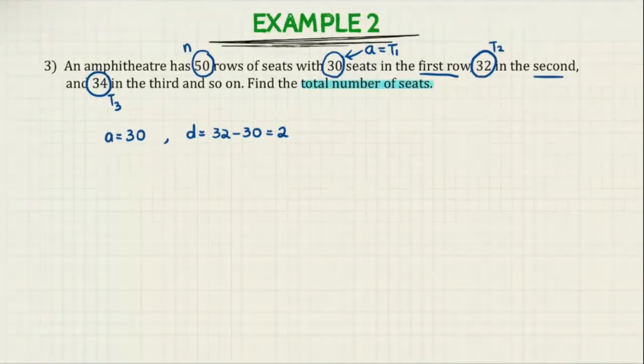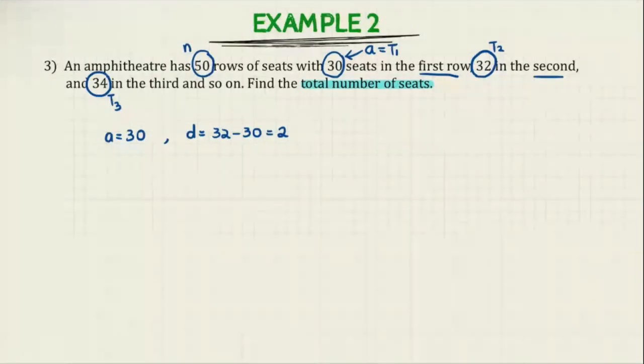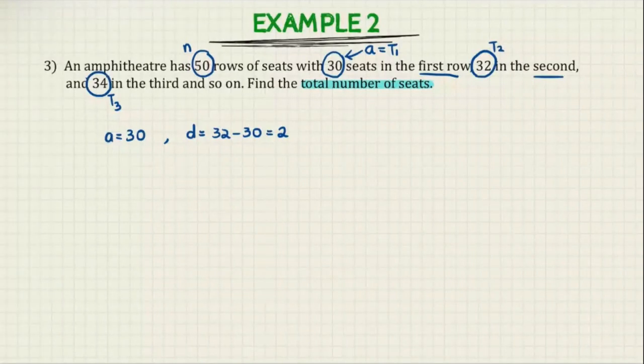So dia suruh kita kira 30 tambah 32 tambah 34 sampailah row yang ke-50. So what will be the total of the seats dalam amphitheater tersebut? Amphitheater tu dia macam dewan lah, dewan besar kan? Dewan teater. Okay. So soalan kat sini kita akan gunakan S50.